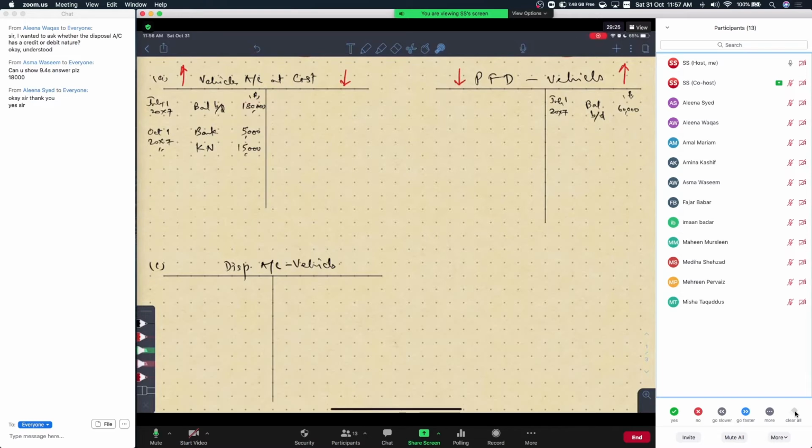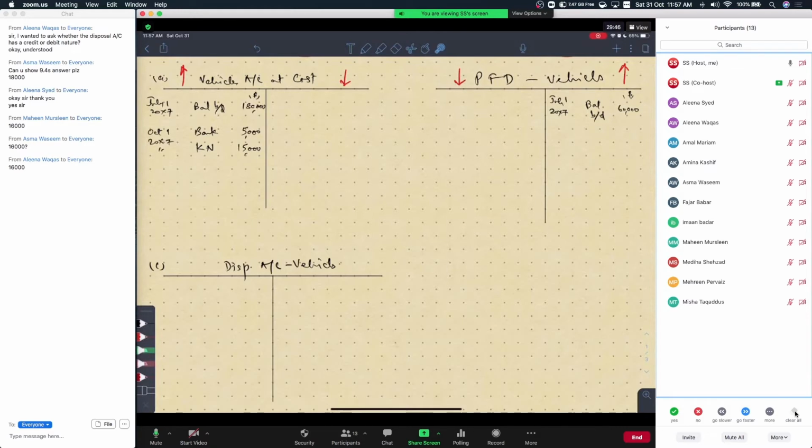Can you tell me which value should be subtracted from this $180,000 here in the chat box? A certain value needs to be subtracted over here because the asset has been disposed of. So we choose the credit side over here, but we need to decide on a value. Which value should be subtracted over here?